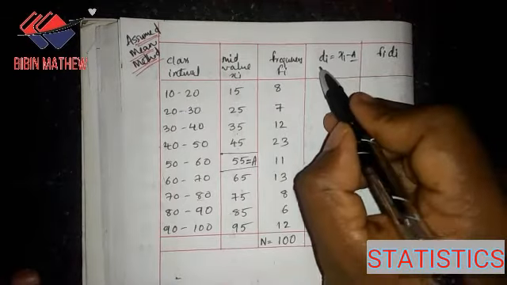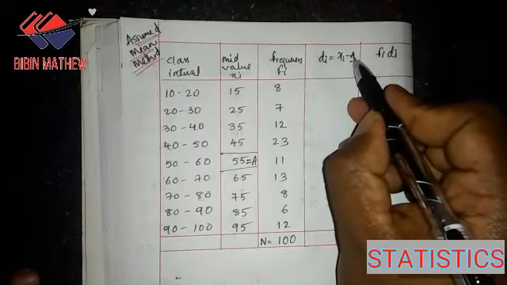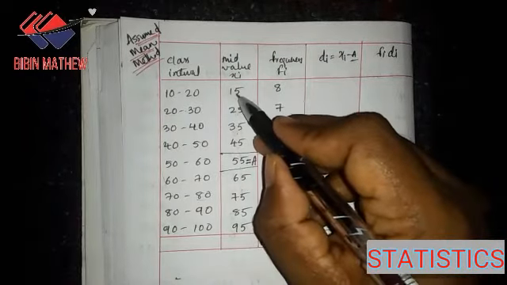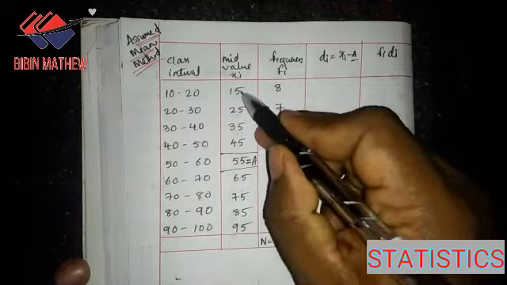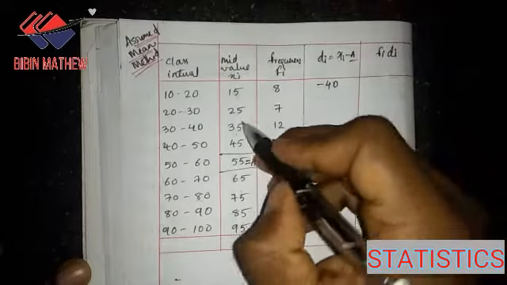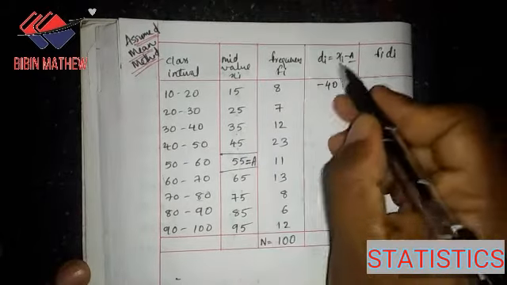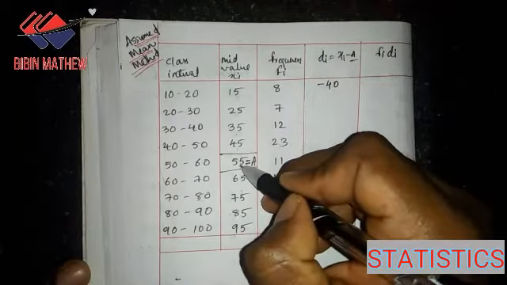अगला कॉलम में क्या दिया है, DI. DI कैसे निकालना है, इसका हर एक XI के अंदर से A निकाल करके इधर लिखना है. So the first column is 15 minus 55, that is minus 40. 25 minus 55, XI minus A है ना. How much?